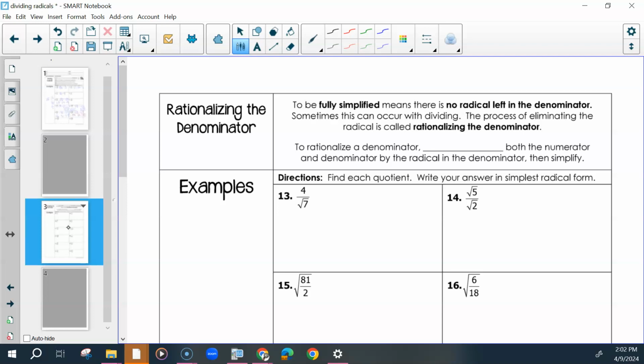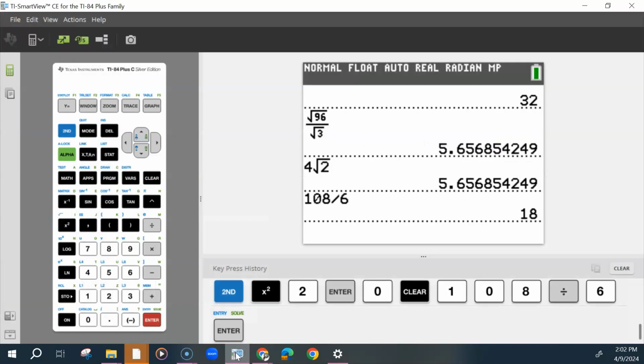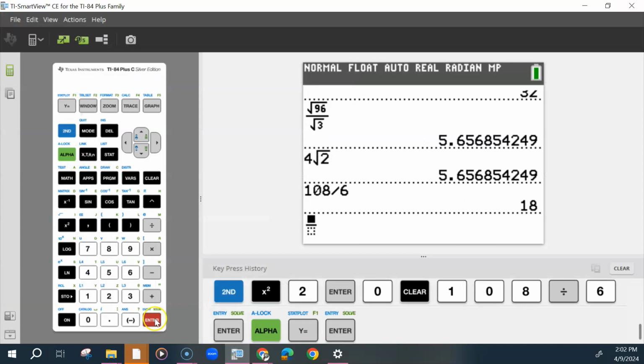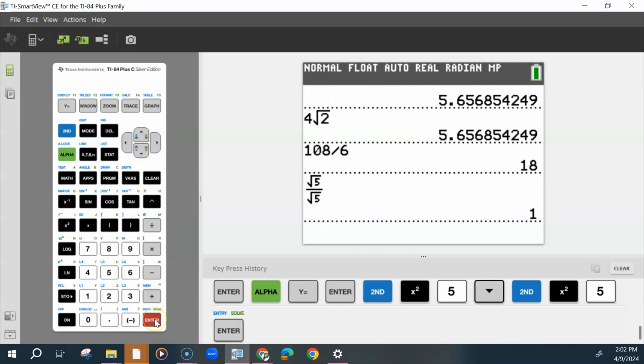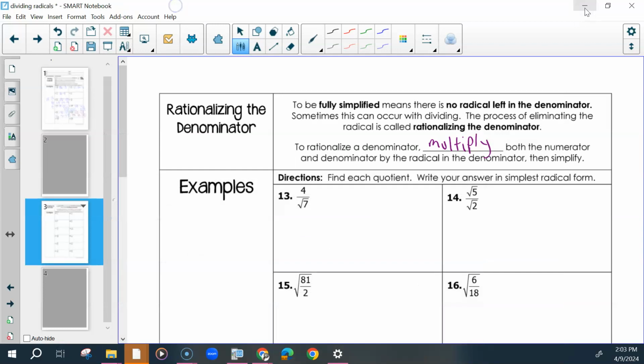So to do that, we're going to multiply both the numerator and the denominator by whatever the radical in the denominator is. And this works because, let's pick something that's not a perfect square, the square root of 5 over the square root of 5 would simplify to be 1, and I could double check that. So since our multiplication properties work here, we're allowed to do this.